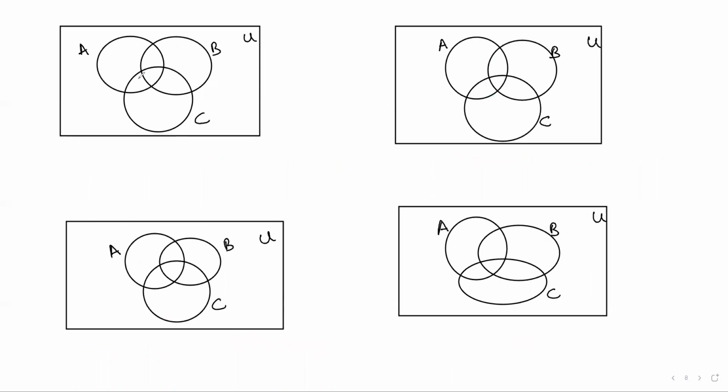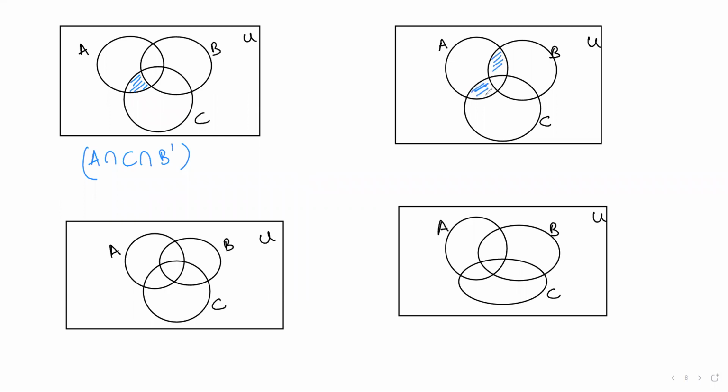What if you consider the third region, this particular region? What is this region? A intersection C, all the elements present in this, intersection B complement. Okay, hope this is understood. Let's combine the three regions.